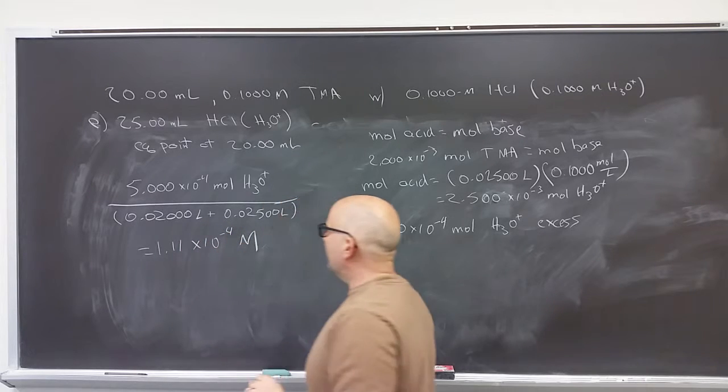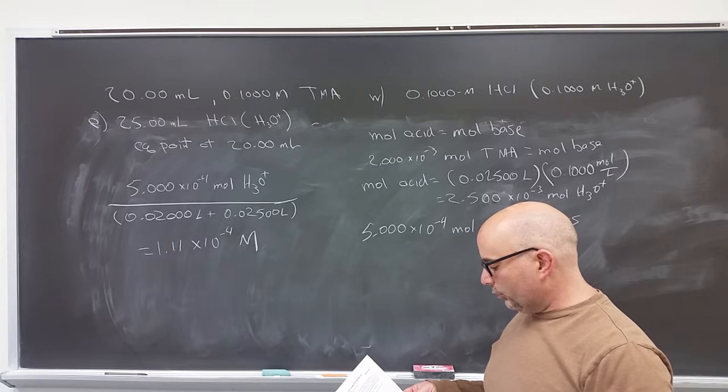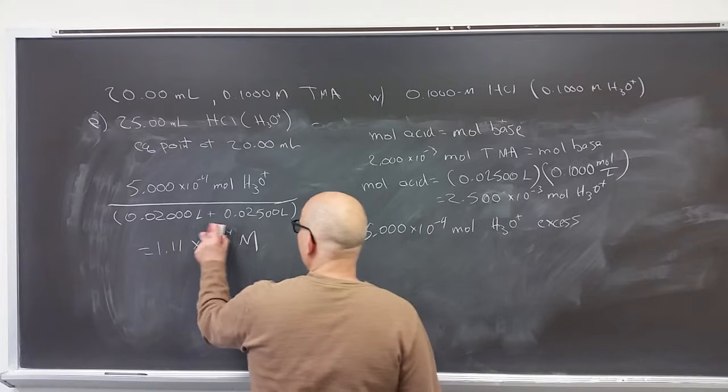So that gives us a hydronium concentration of about 1.11 times 10 to the negative 2 molar.